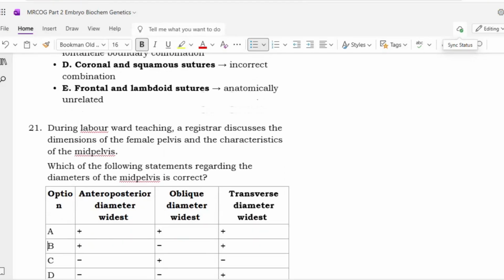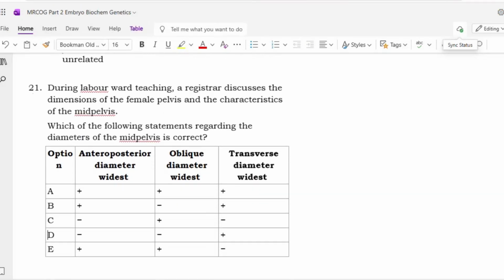Okay, next. During labor ward teaching, a registrar discusses the dimensions of the female pelvis and the characteristics of the mid-pelvis. Which of the following statements regarding the diameter of the mid-pelvis is correct? Anteroposterior diameter widest, oblique diameter widest, transverse diameter widest.